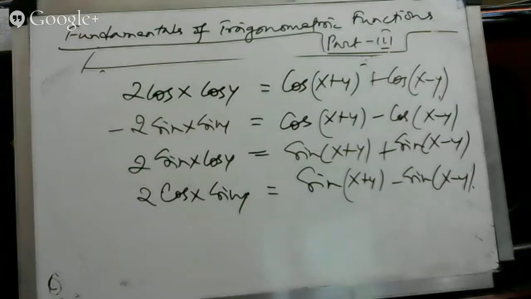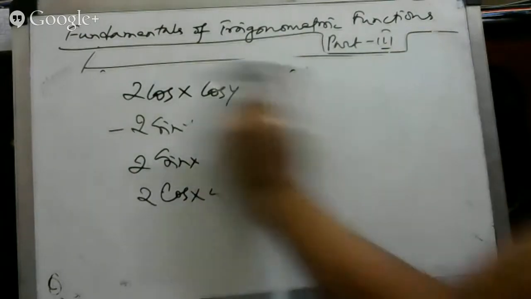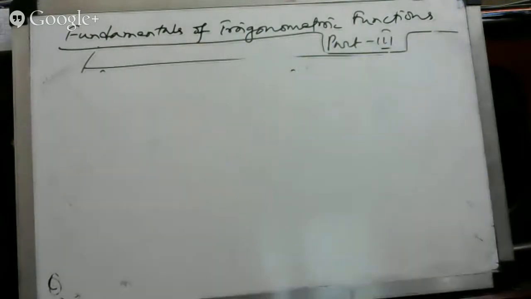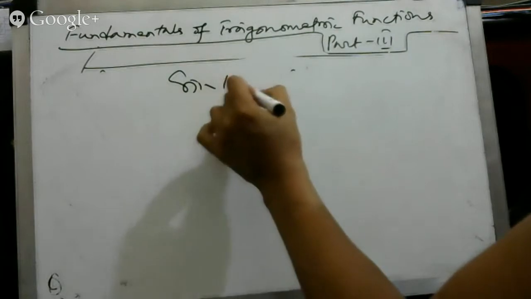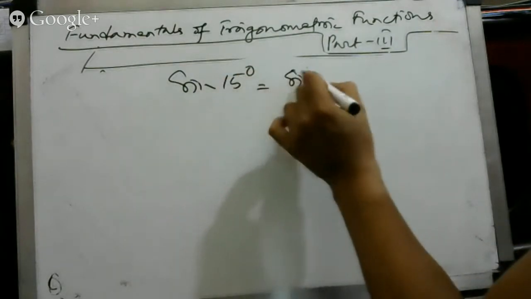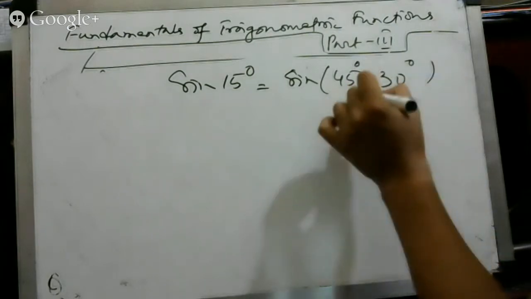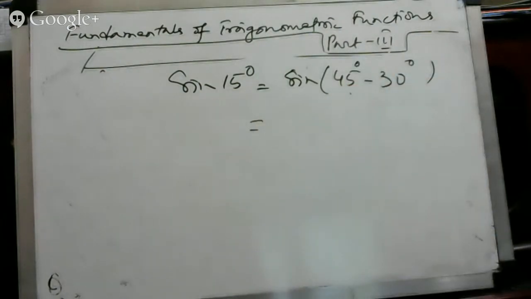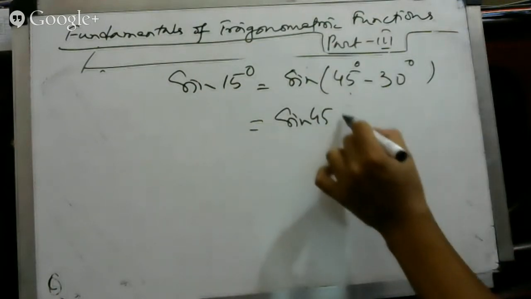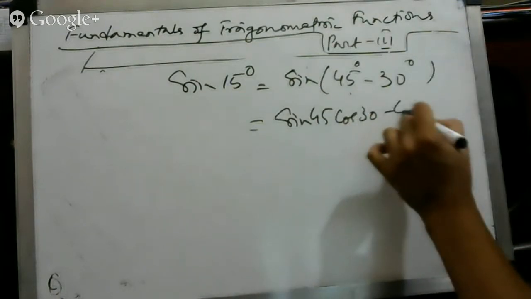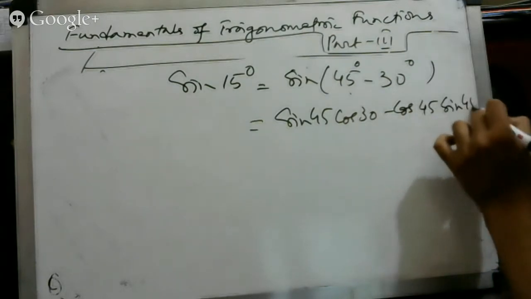So how do you use it? I'll just take one simple example of how we use it. Suppose you want to derive the value of sine of 15 degrees, which is nothing but sine of 45 minus 30 degrees. So put the value of sine of a minus b. That will be sine a cos b minus cos a sine b.